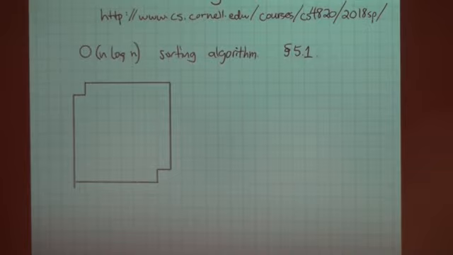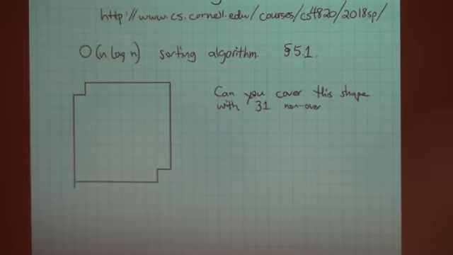And the question is, can you cover this shape with 31 non-overlapping dominoes?